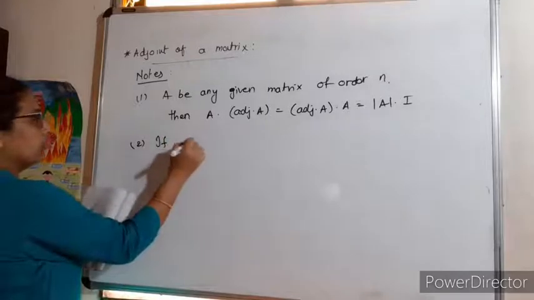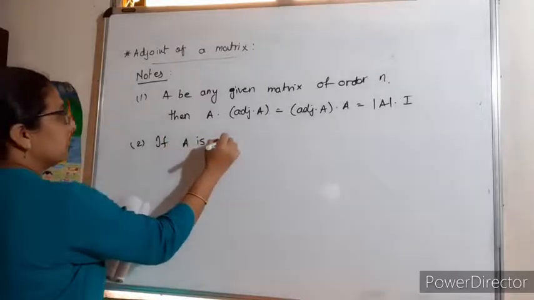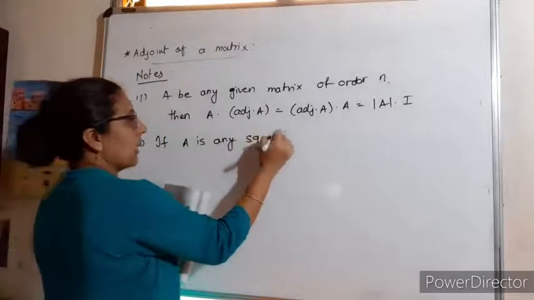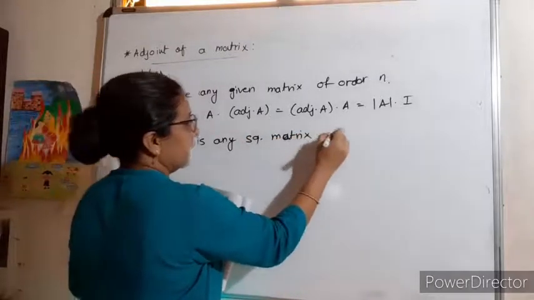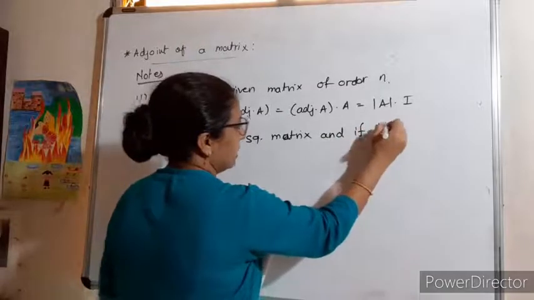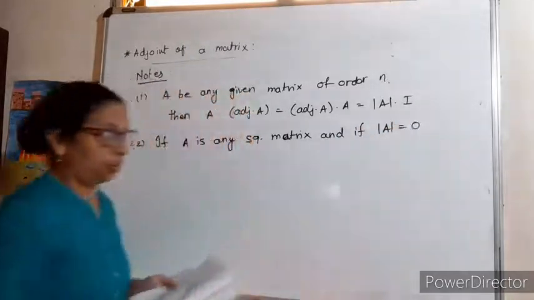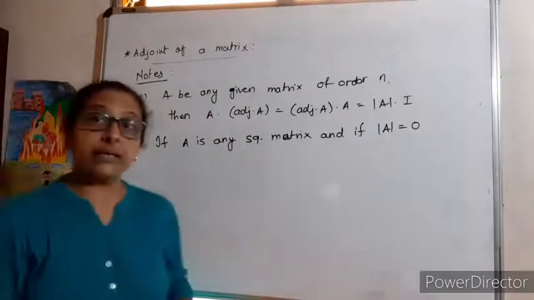Now, the second thing is that if A is any square matrix and determinant of A is 0. Suppose you find the determinant.